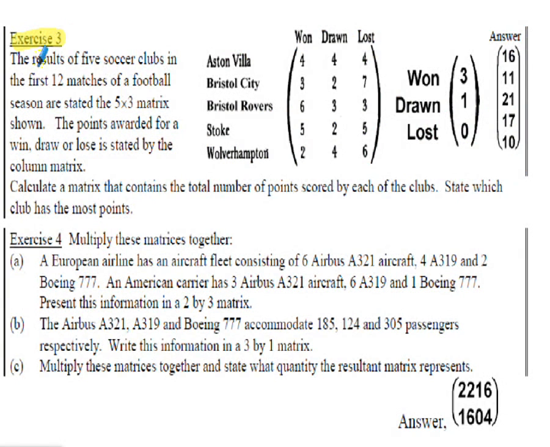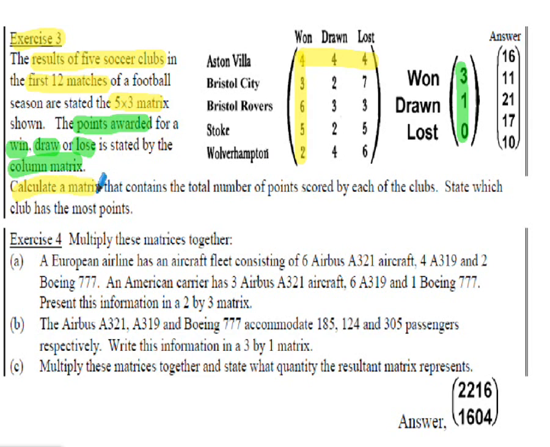Exercise 3. The results of 5 soccer clubs in the first 12 matches of a football season are stated in the 5 by 3 matrix shown. This is the 5 by 3 matrix. The points awarded for a win, a draw, or a loss are stated in the column matrix shown here.